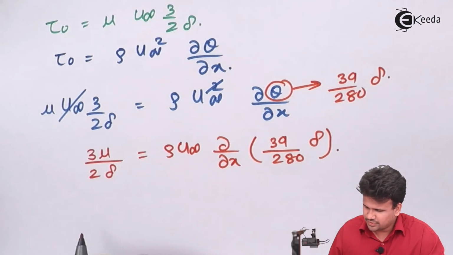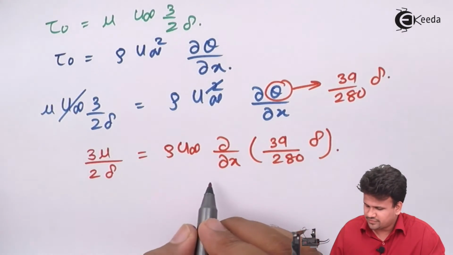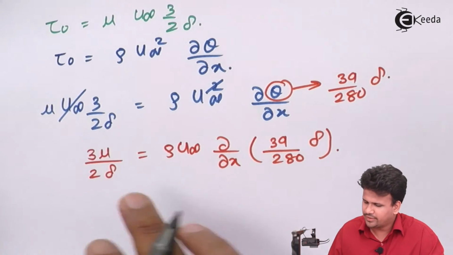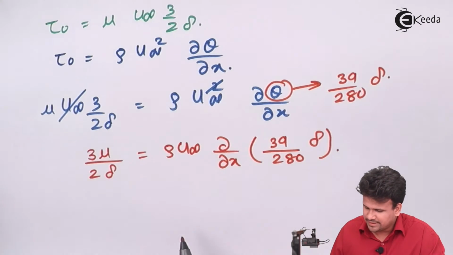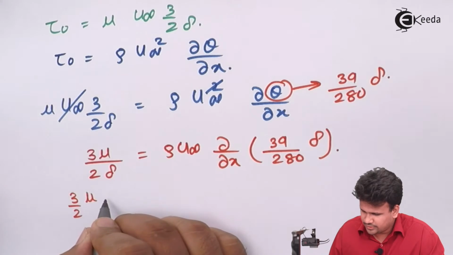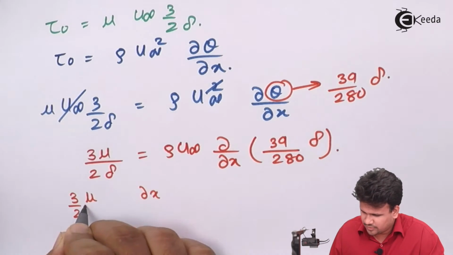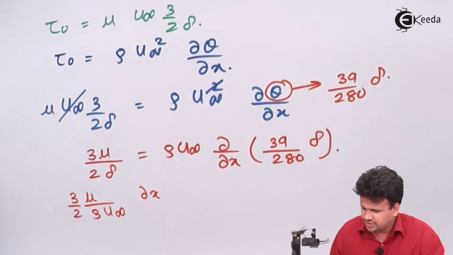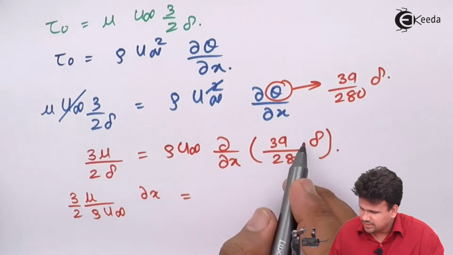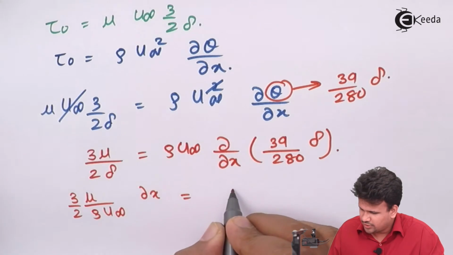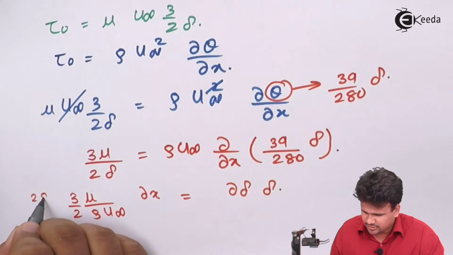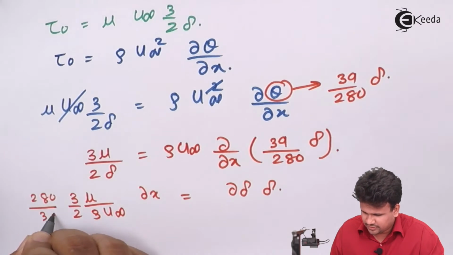Let us substitute in this equation. What do we get after cross multiplying? Let us take all the terms related to x on the left hand side and all the terms related to delta on the right hand side. So this is 3 by 2 mu into dou x upon rho into u infinity, and all the terms will be equal to dou delta into delta. We'll take the 280 upon 39 on the other side.